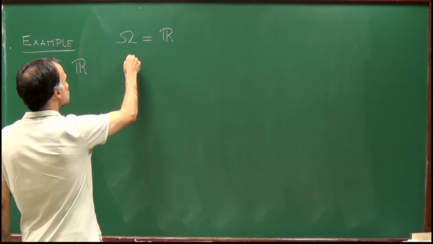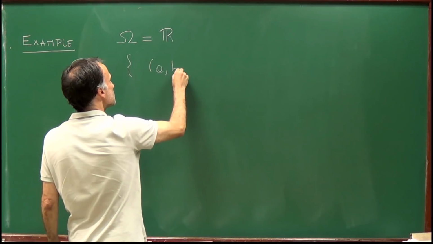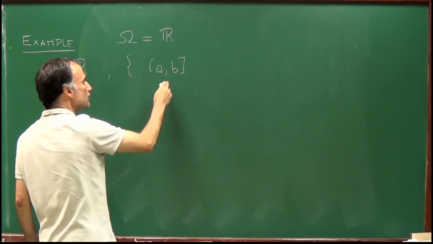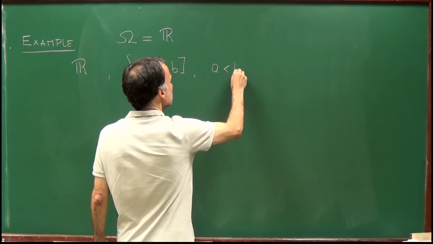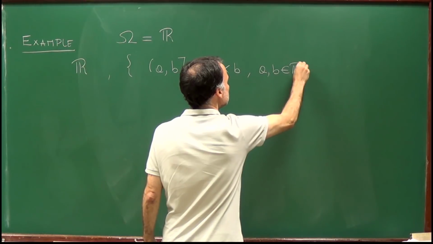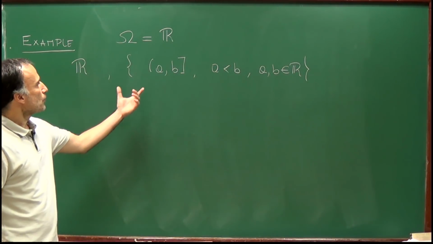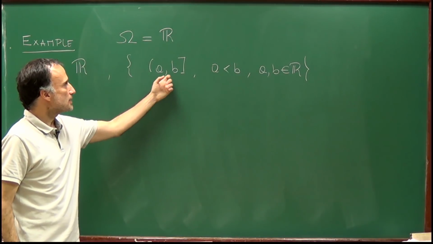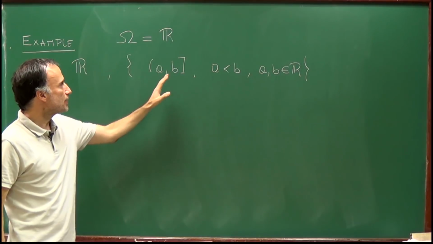Then we would like to consider the class of intervals which are open on the left and closed on the right. So let's take a smaller than b, a and b in R. And to these sets, we will add the semi-infinite intervals.